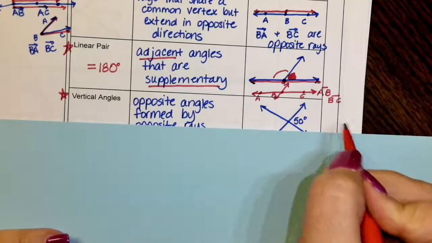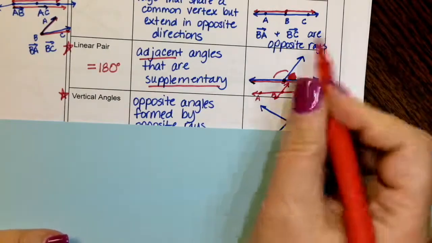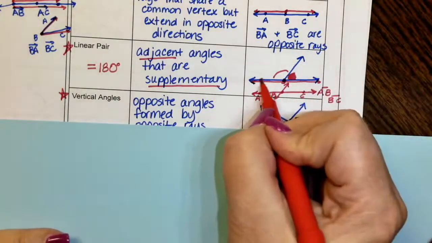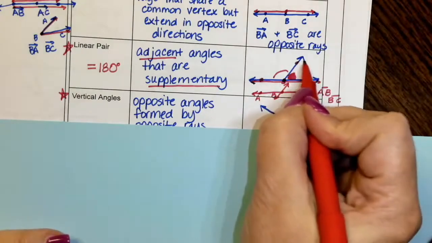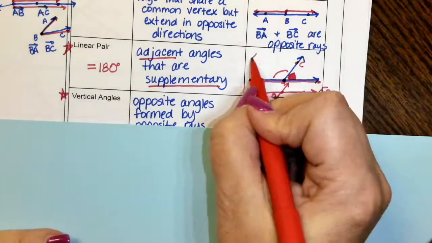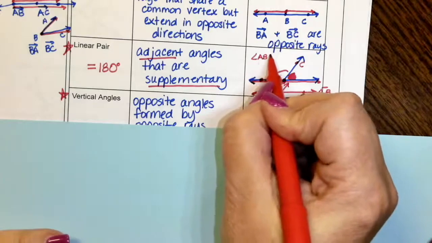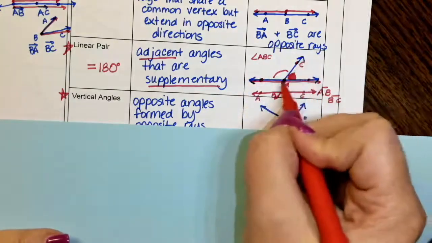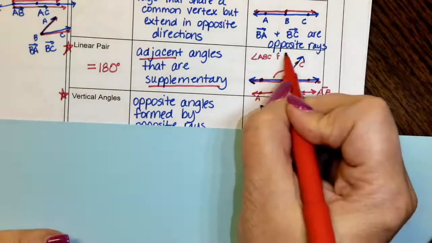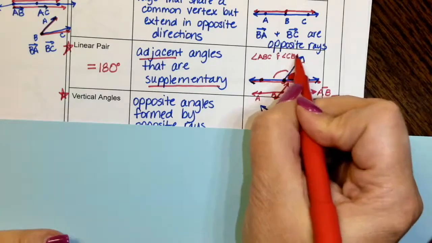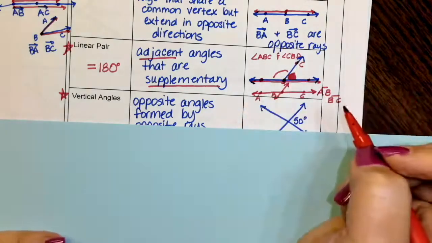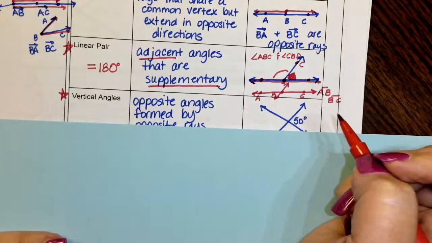Segments never add up to 180 degrees. Where this one might say A, B, C here, it's going to say angle ABC and angle CBD are a linear pair. So it has to say angles. Angles are linear pairs, but segments are never a linear pair. So don't get confused by that.